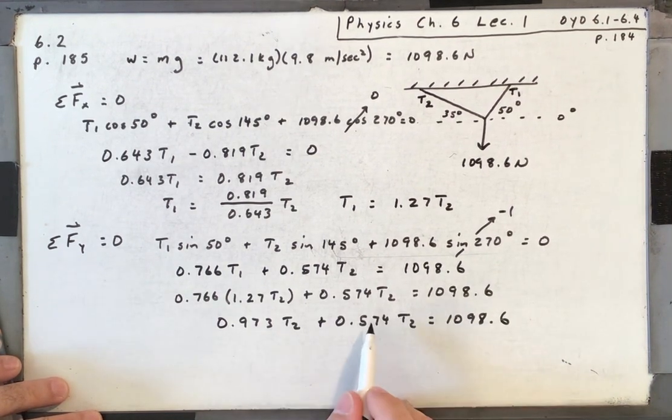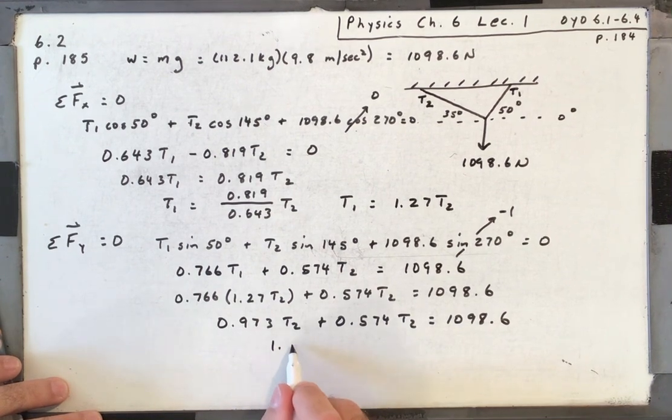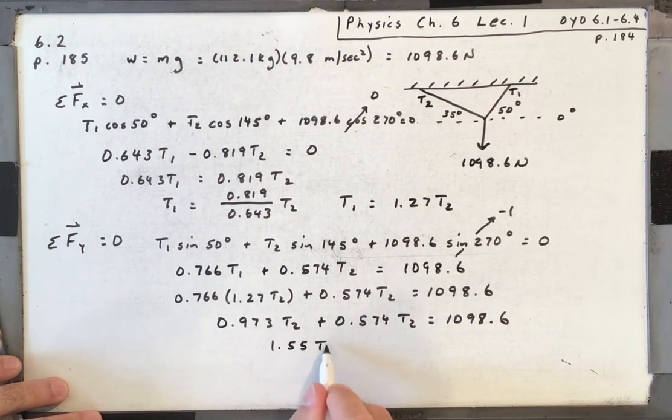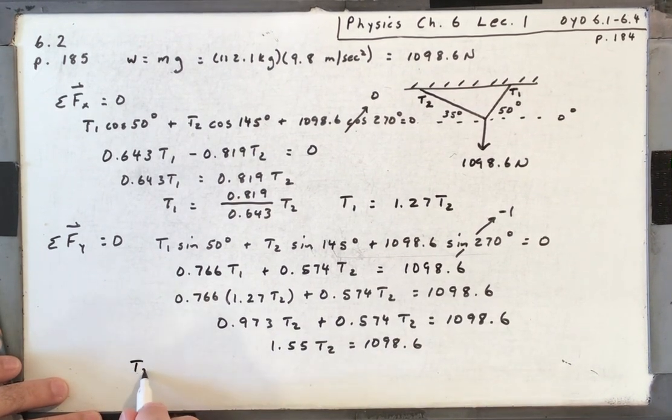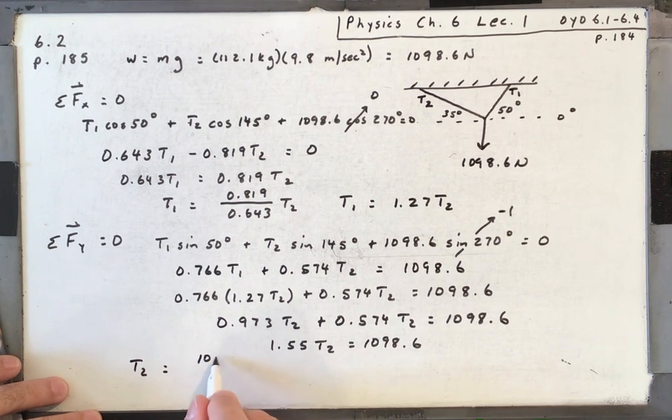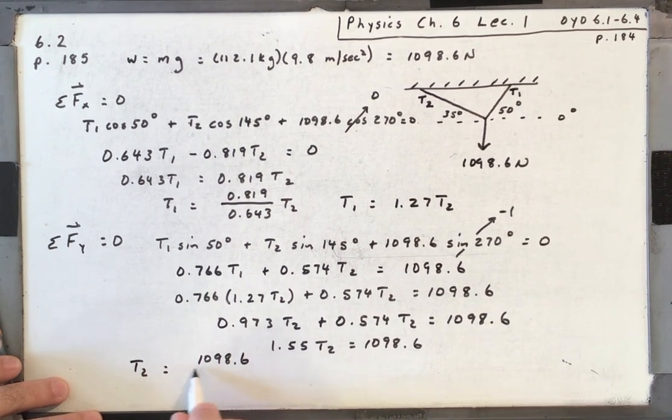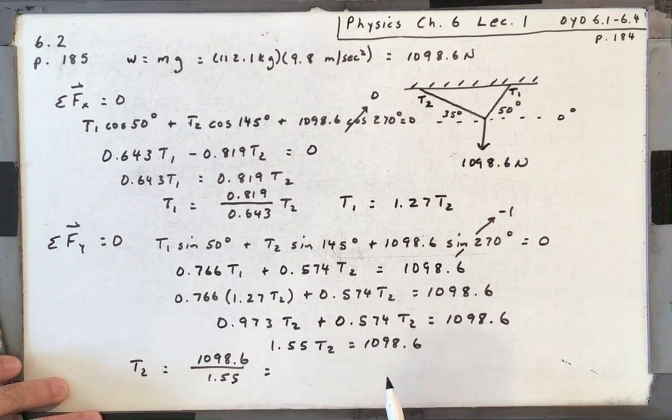All right, add those two together, and you'll get 1.55 T2 is equal to 1098.6. So T2 is equal to 1098.6 over 1.55. And that's going to be 708.8 newtons.